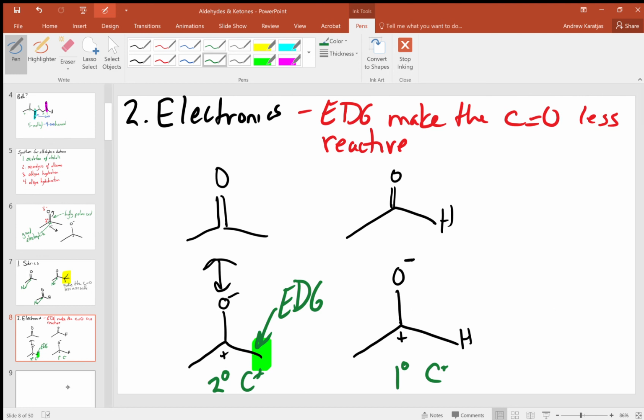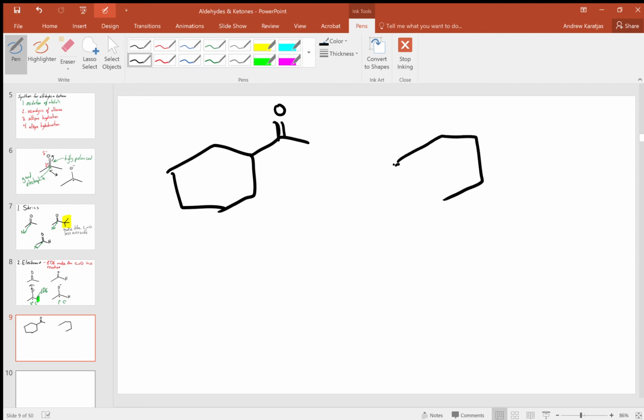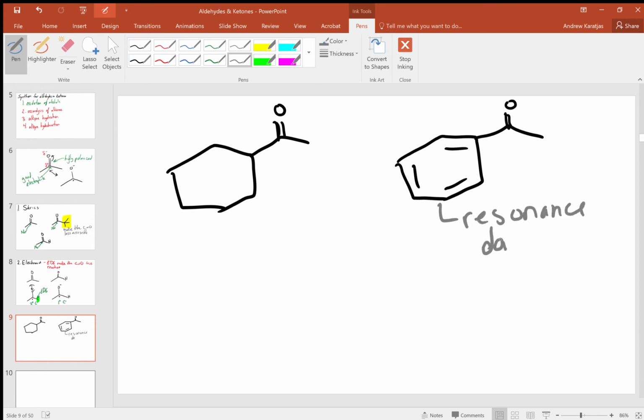And we can see that with another example here. If we put something that, instead of being an inductive donor like the methyl group was, we could put an aromatic ring on the carbonyl. This is, of course, a resonance donor, and it will have the same effect.